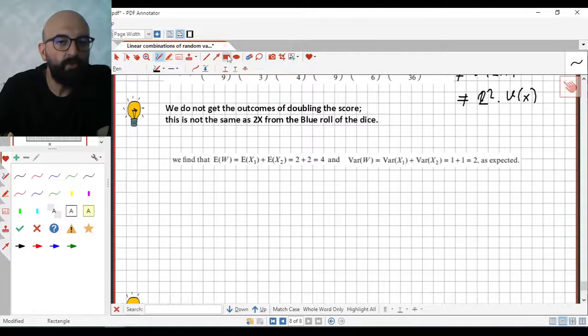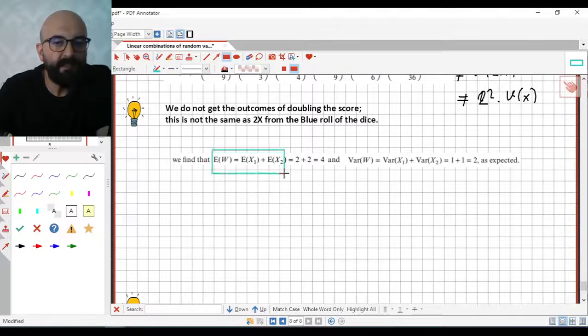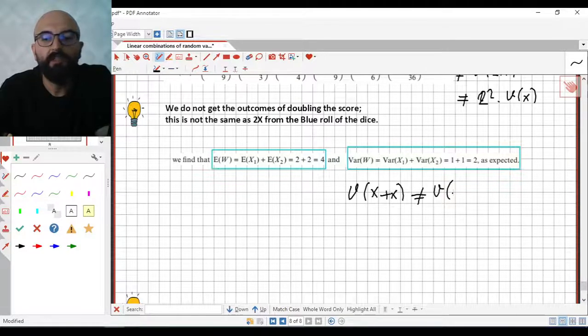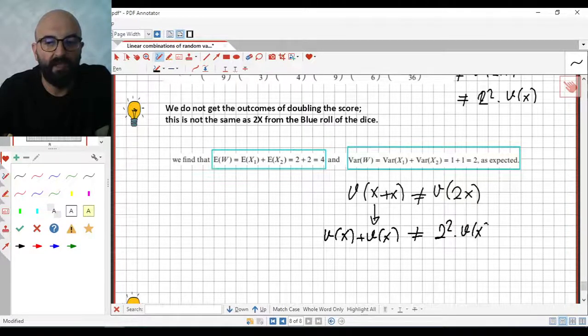If we want to work out the expectation, okay, the same. But for the variance, the variance of x plus x is unequal to the variance of 2x, because this is the variance of x plus the variance of x, and that is 2 squared times the variance of x.